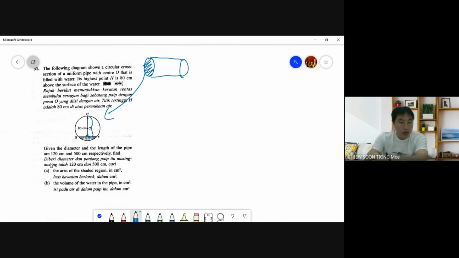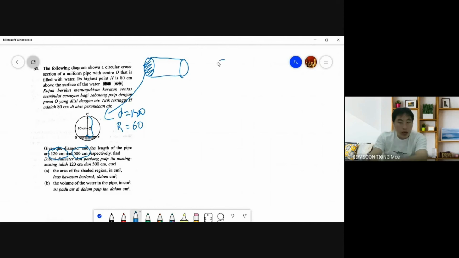So come to see the question. Given the diameter and the length of the pipe are 120 cm and 500 cm respectively, find the area of the shaded region. So the diameter of the pipe is 120, so the radius must be 60.